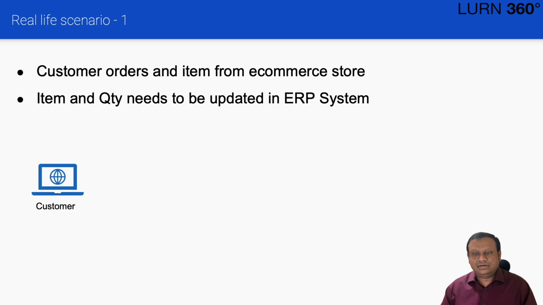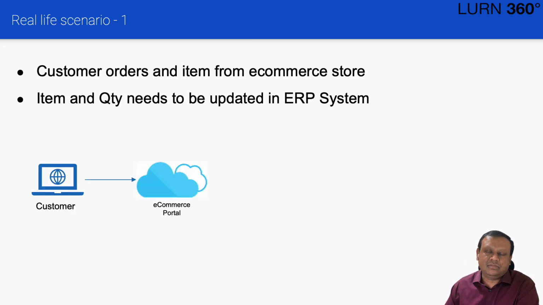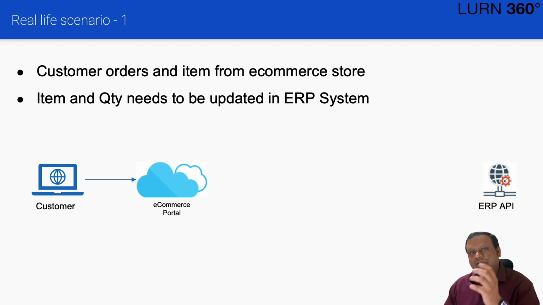Here is our customer, and the customer is using the e-commerce portal right now and ordering something. Whatever has been ordered, that item and the quantity needs to be sent to the ERP system, which has an API for that. So you need to connect your e-commerce portal to this ERP API and enable this data exchange.